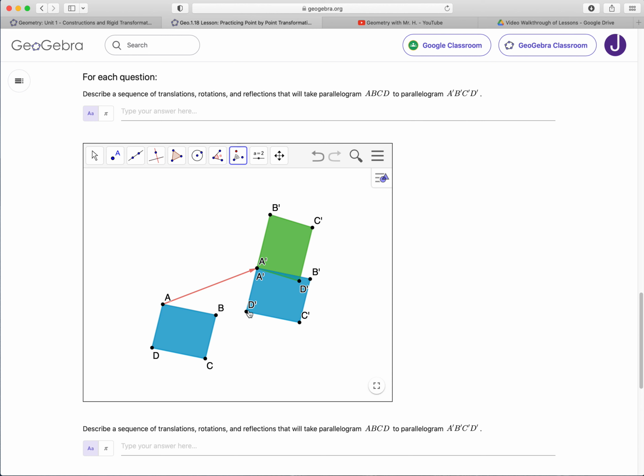So we want D to land right here on that point. So we have to measure that angle. So this is the angle measuring tool. So I'm going to click on, let's see, I need to use the right hand rule. So this point, and then A, and then this point right here.